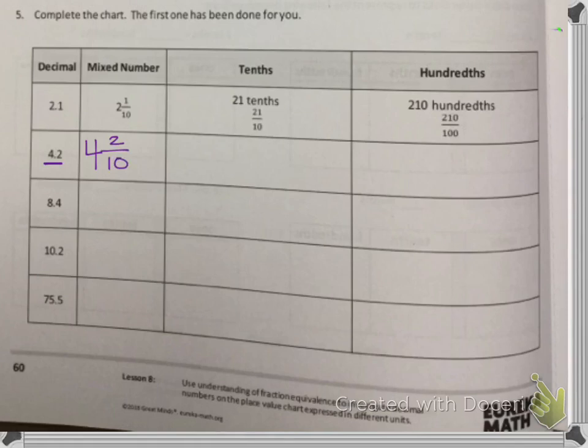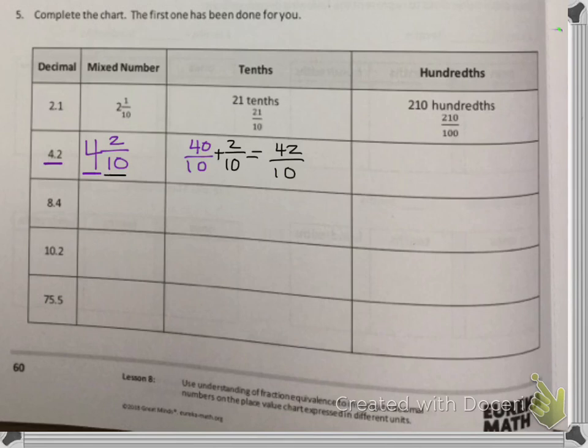They really just want us to know how many, placing our decimal and knowing our decimals and making them into mixed numbers, and then knowing how many tenths we have within that decimal and that mixed number. Well, I know that 4 whole is going to be 40 tenths. And I know that this 2 tenths is just another 2 tenths. And when I add them, they equal 42 tenths.